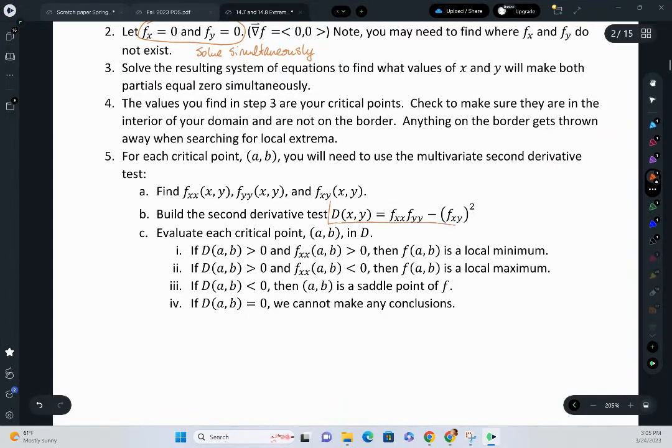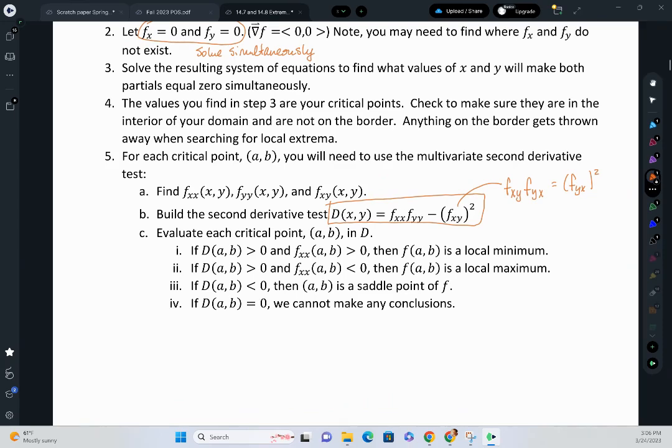It's going to be this big D of x, y, a function equal to the product of f sub xx and f sub yy minus the square of f sub xy. What this actually is, is f sub xy times f sub yx, but those two are typically equal, so we can just write one of them squared. I typically calculate both of them and then substitute them in here.